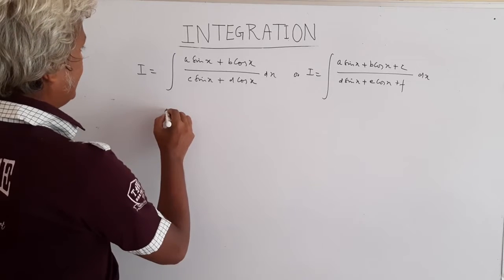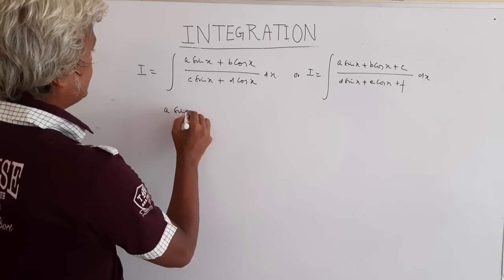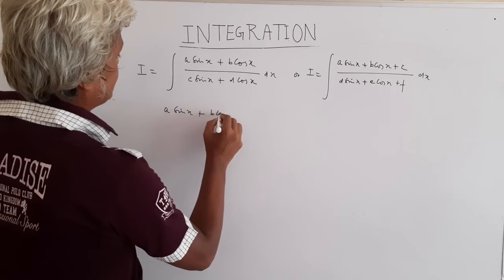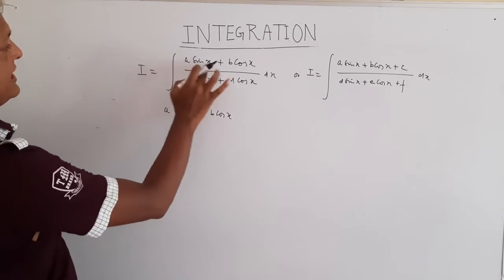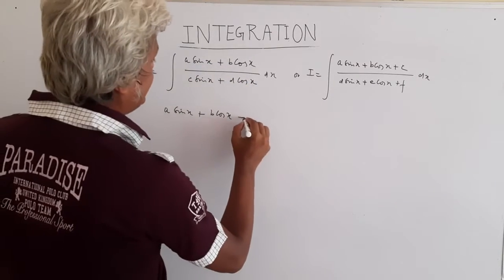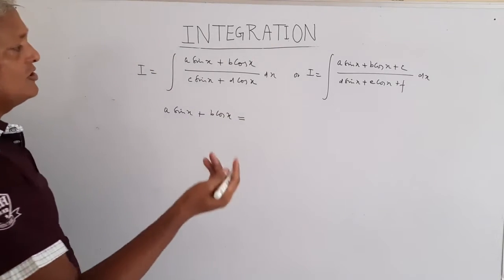So we have to write a sin x + b cos x, this is the numerator, as some constant times the denominator.